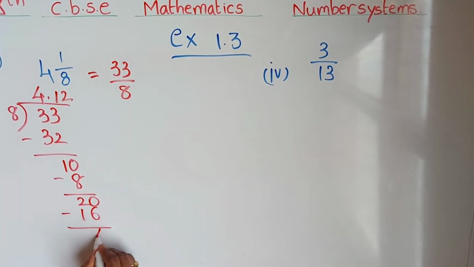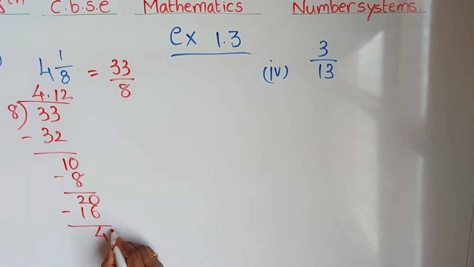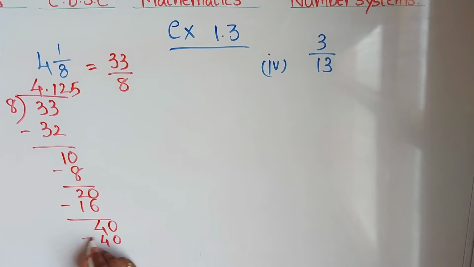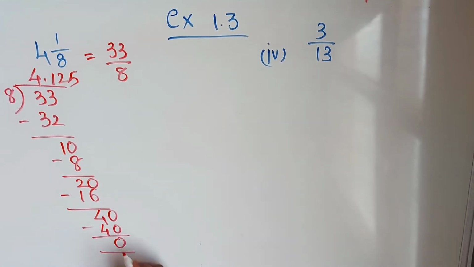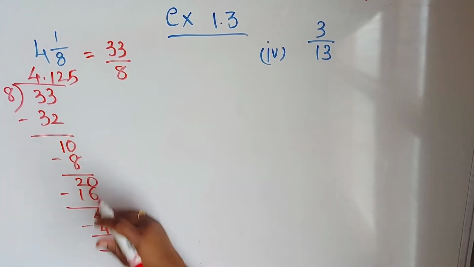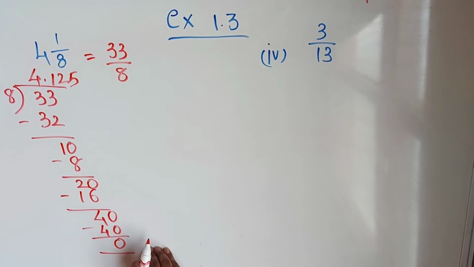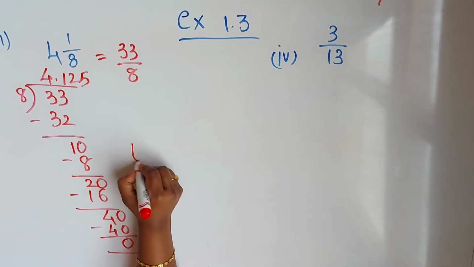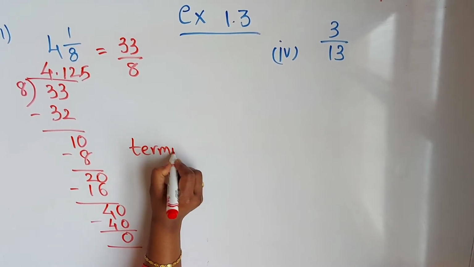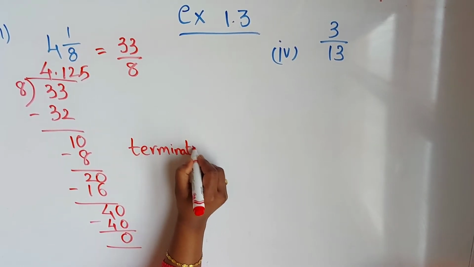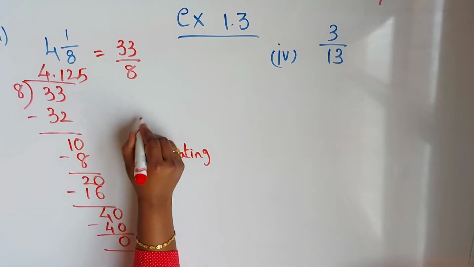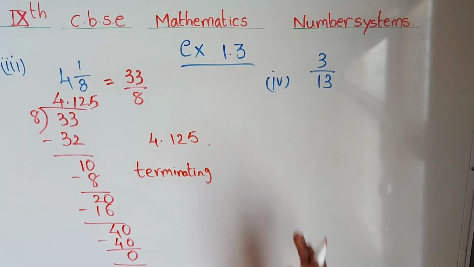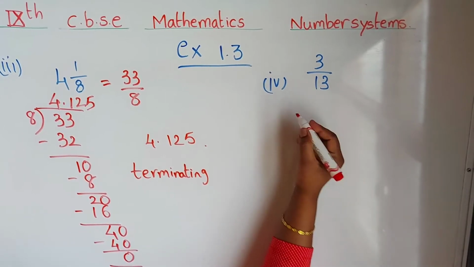Remainder is 4, children. I can write 0 again. 8 5s are 40. Now the remainder is 0. After many steps, I got remainder 0. So what is the type of division? This is terminating. And the answer is 4.125, children.